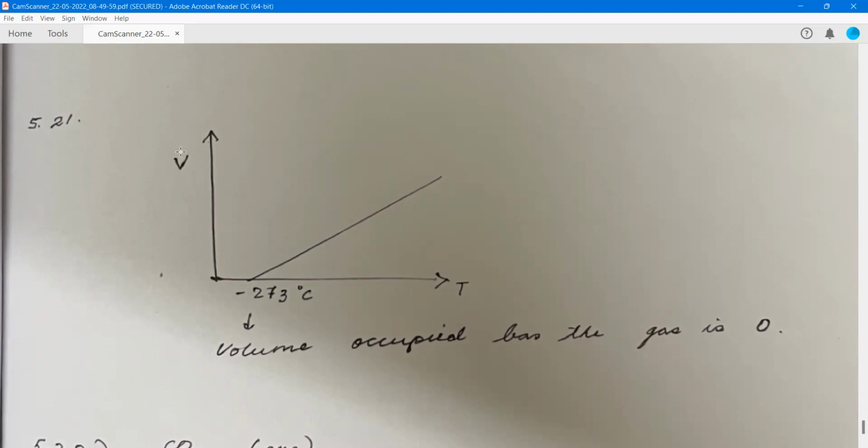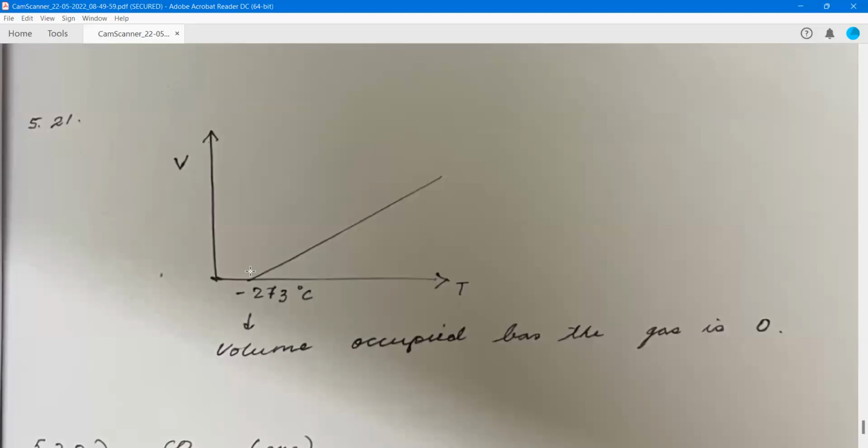So this is the graph of Charles' law. In the graph, on the y-axis you have volume, on the x-axis you have the temperature. This is a straight line, and this line touches the x-axis where the temperature value is minus 273 degrees centigrade. So from this graph, it is very clear that at this temperature, the volume of the gas is 0.